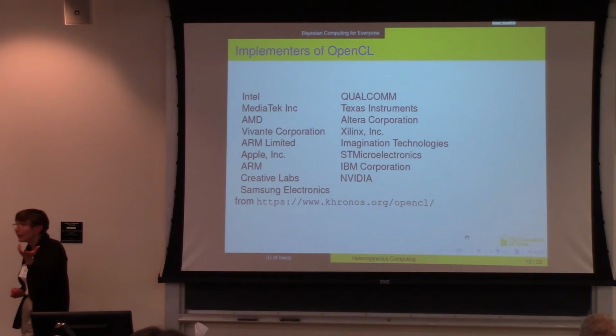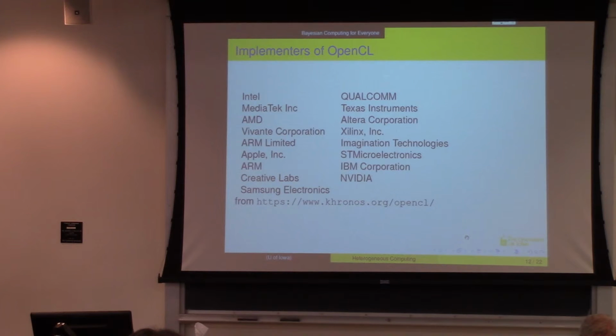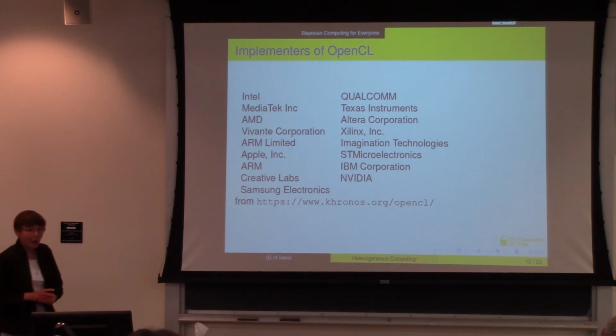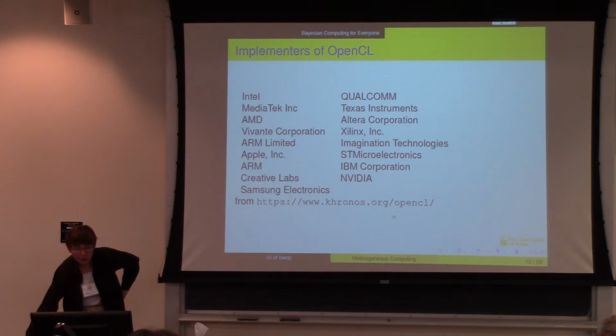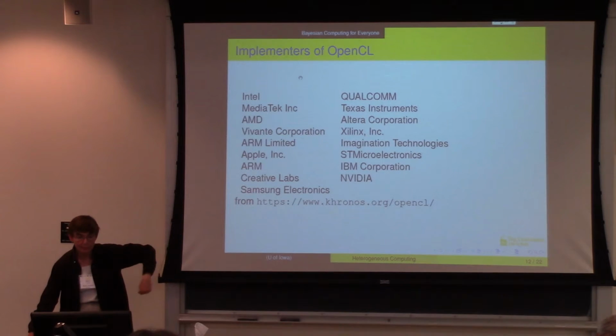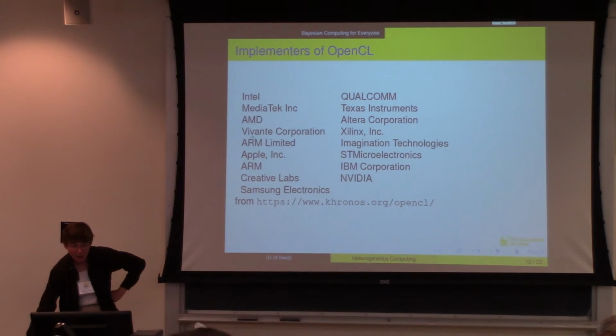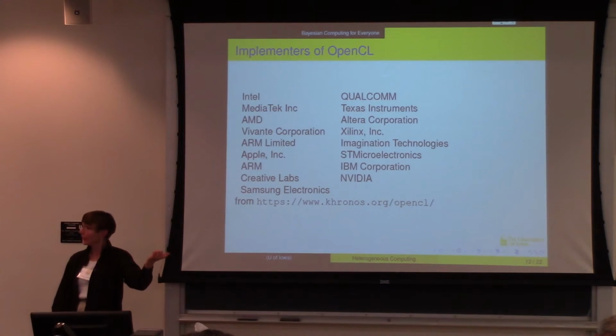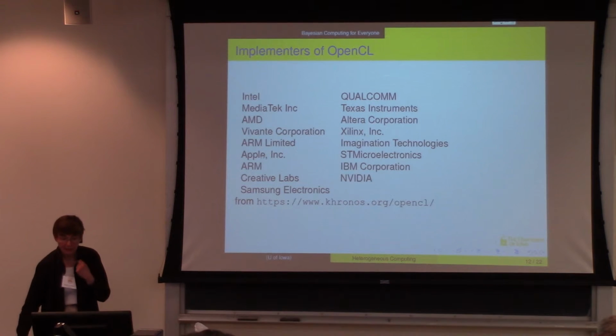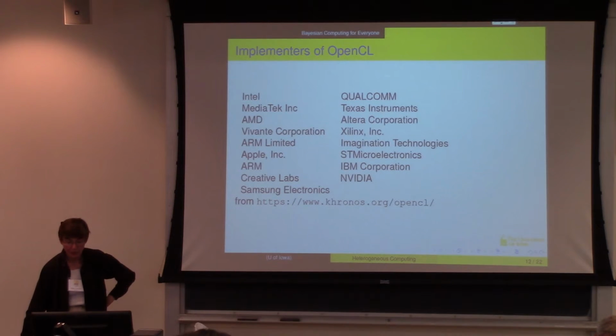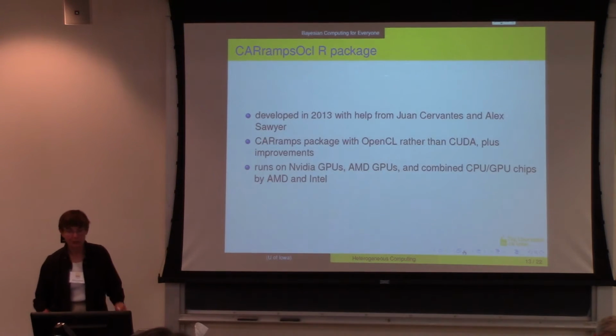On the other hand, there are a lot of hardware vendors that implement OpenCL. So OpenCL code can be portable across AMD, ARM. Oh, look, Apple's in there. They actually are the ones who started OpenCL and asked the Khronos Foundation to develop it. IBM, NVIDIA, so there are many, many platforms in which this can run.